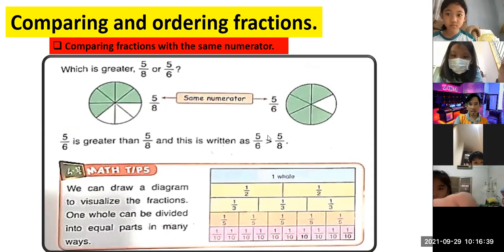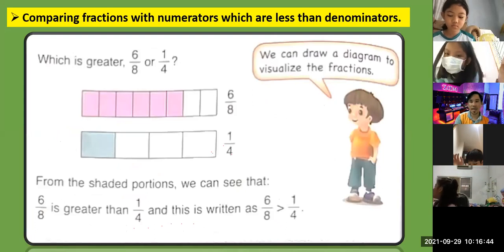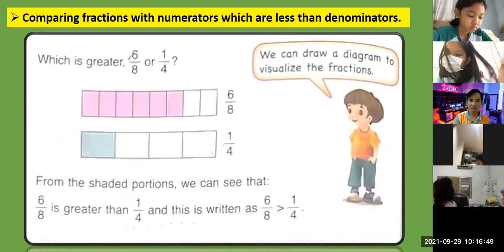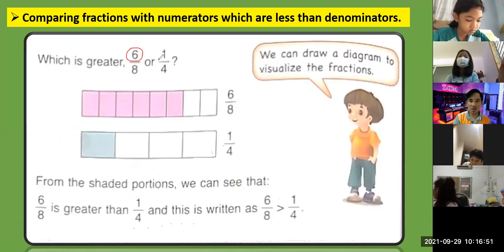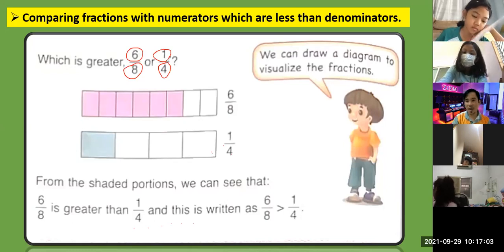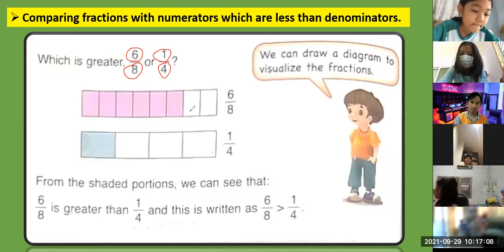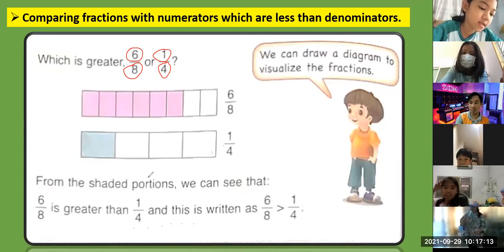Okay. Now here, which is greater? 6/8 or 1/4? They are not the same. Here, 6, numerator, 1. Here, 8, and then 4. Not the same numerator, not the same denominator. So how will you compare? If you draw, you will see the portion that is bigger.